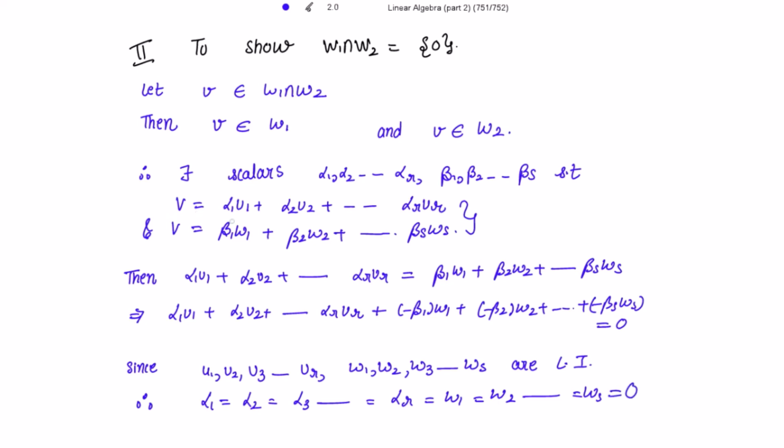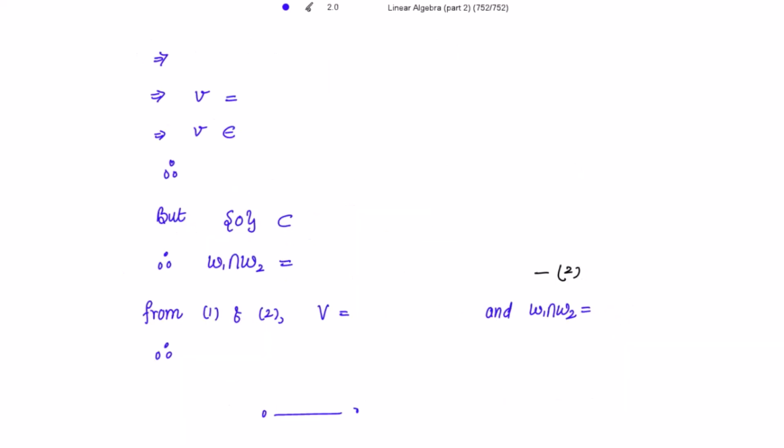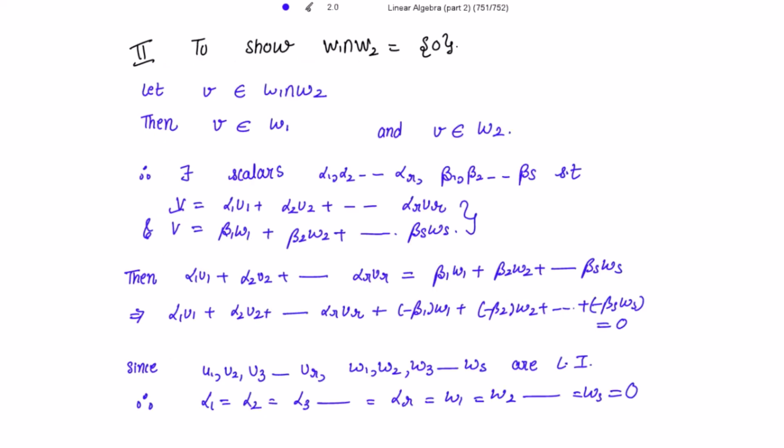Now as V is equal to alpha 1 U1 plus alpha 2 U2 plus alpha r Ur, and alpha 1, alpha 2, alpha 3, all are equal to 0, you can take this or say it from the second one, because beta 1, beta 2, beta s are also equal to 0.